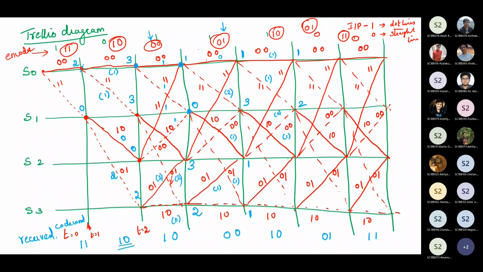Correct, right? Ma'am, I think we made a mistake in this t equal to 2, t equal to 3 part. That S2 to S2, S1, I think it is 0, 0. Oh, this line. Yes, ma'am. 1, 0 is the solid line, so it is 1.